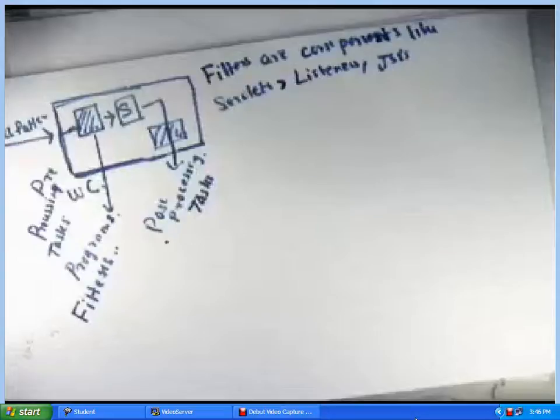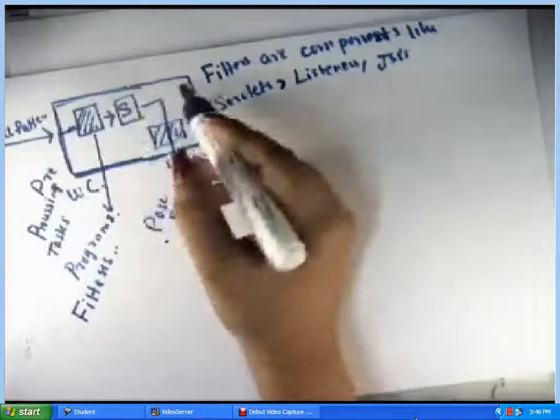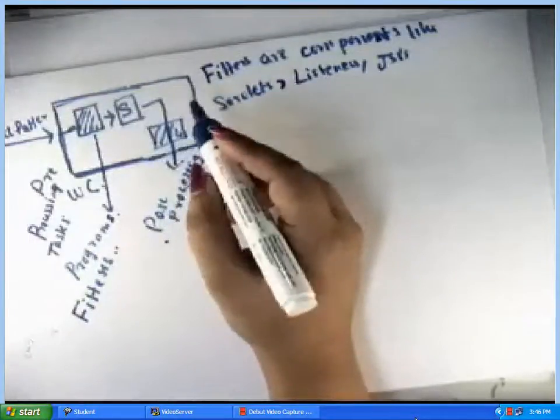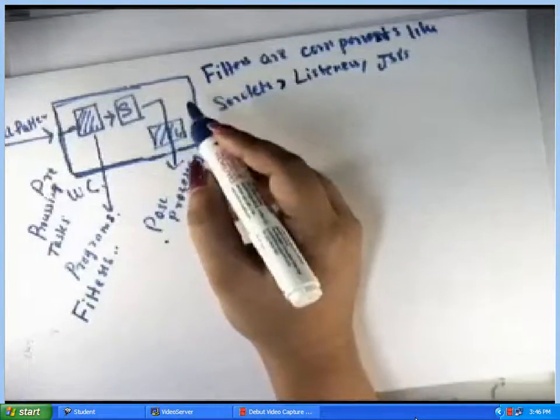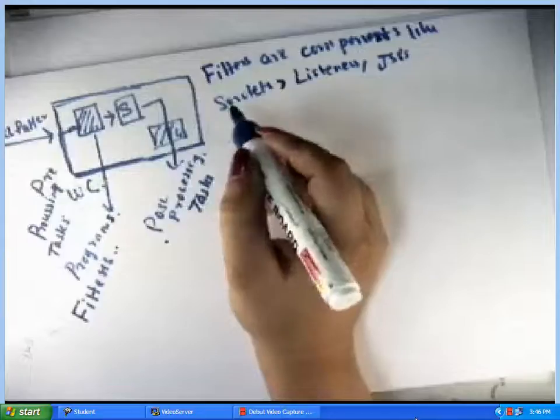Instead of a servlet, it can be that you are trying to access contents like HTML pages or maybe some JSPs. Still we'll be able to handle them. Okay, so these are known as filters.